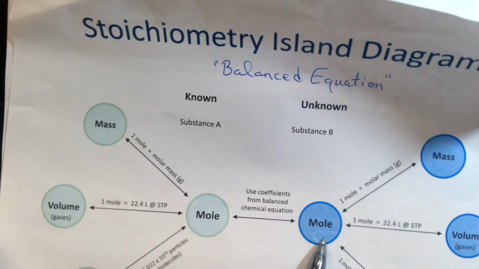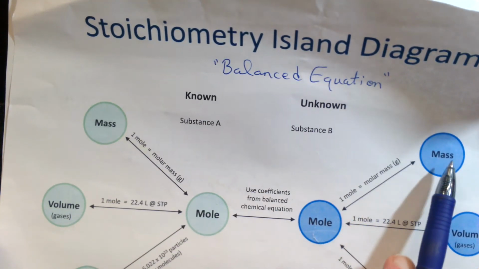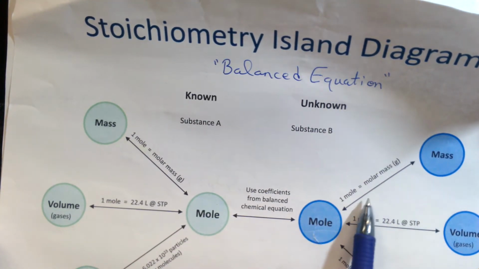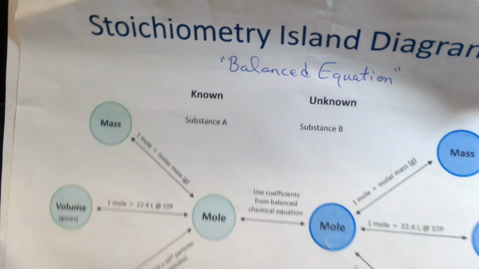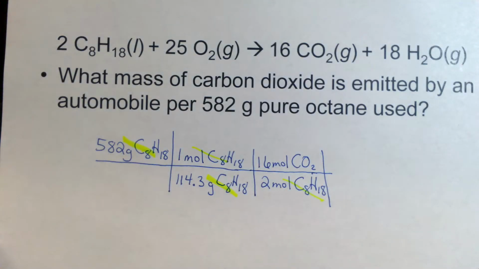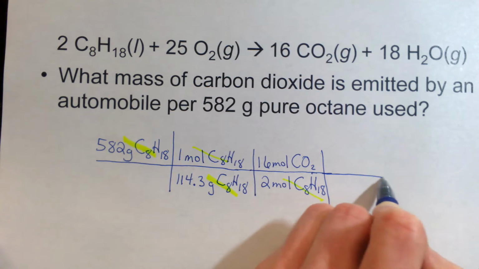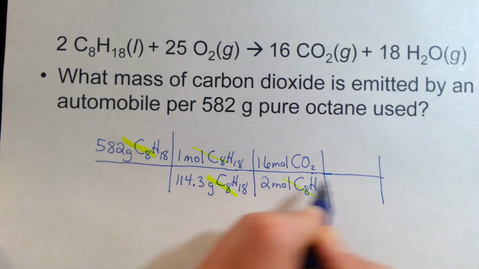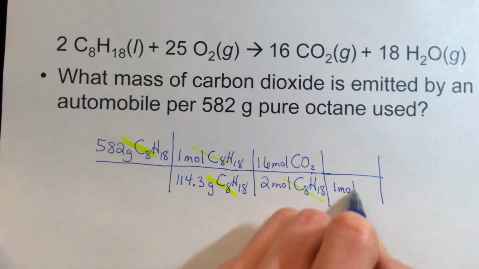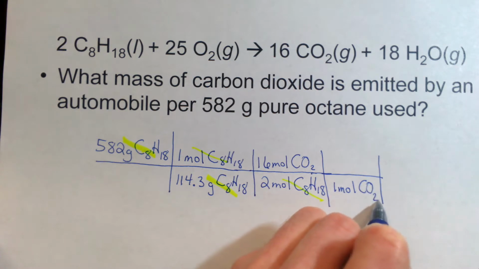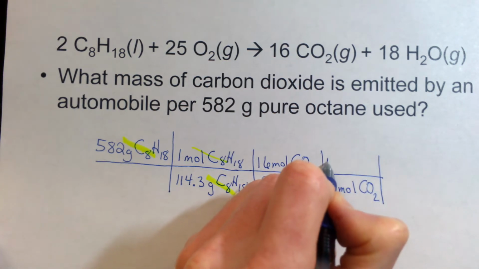And we're going to go one more step, to grams of carbon dioxide using the mole to molar mass conversion factor. So here we are, 1 mole of carbon dioxide and its molar mass.